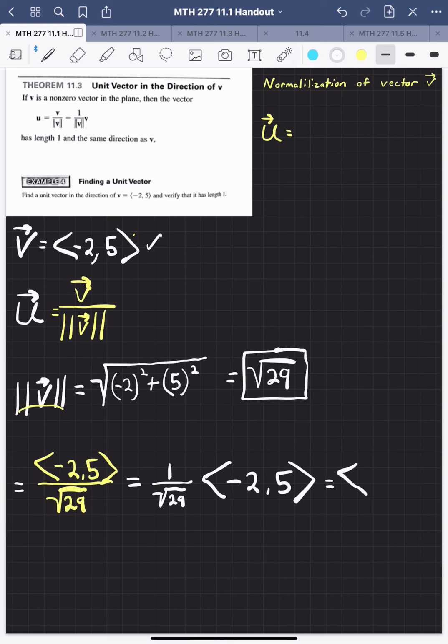So here is u. It would be -2 over the square root of 29, comma, 5 over the square root of 29. All right, and so this is your proposed vector.